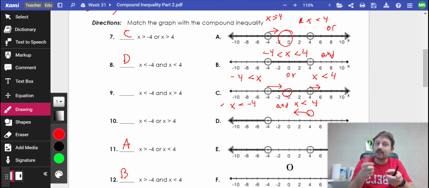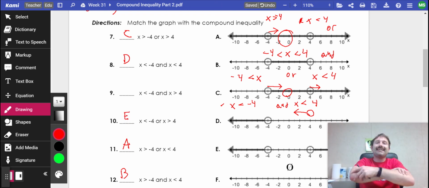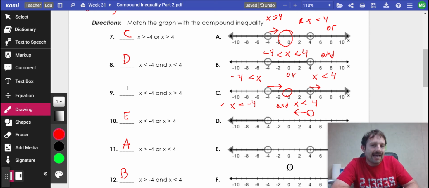But they're marked, and they're marked. So if they are marked and they don't overlap, they're the "or" statement. So that's E. Now this one, why aren't we graphing it? Because it's not overlapping. And since it's not overlapping, and we're not graphing it, it has to be the "and" statement, the F.